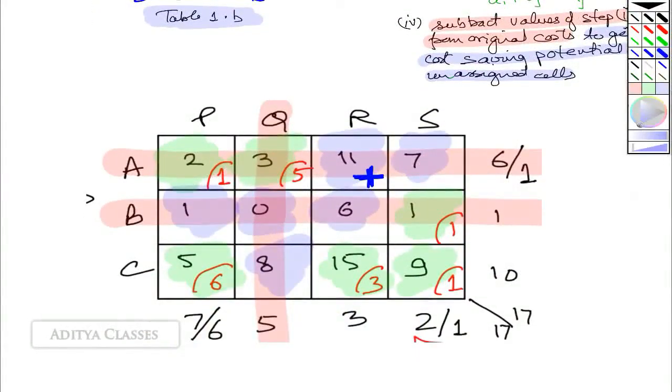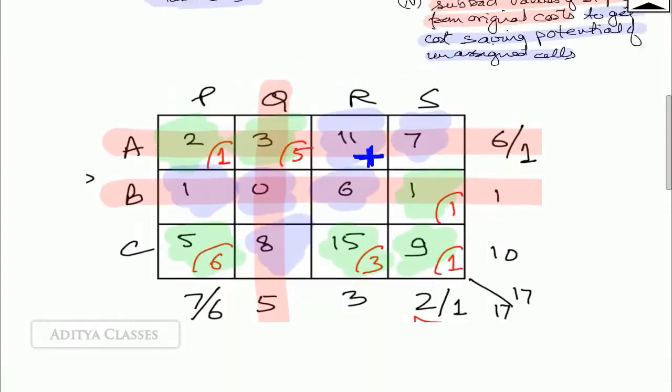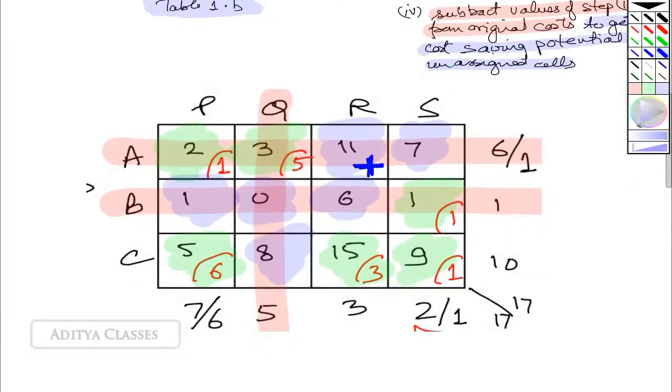Now in order to be able to do that, I need to find out a closed loop. What do I mean by closed loop? Let us check it out. We have a table of 4 by 3, a smaller version of this 4 by 3.